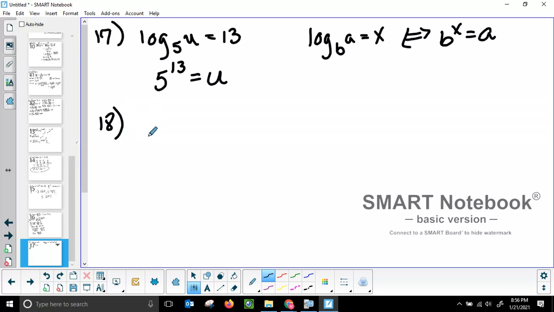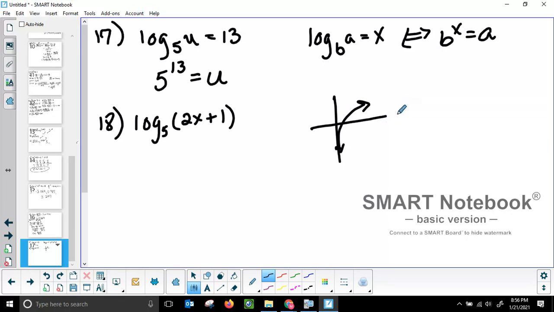18 says, find the domain of log base 5 of 2x plus 1. Now we know that our parent function, log base 5, would just look like this, which would be from 0 to infinity, not including 0. Well, what does this do here? We have two different transformations going on.